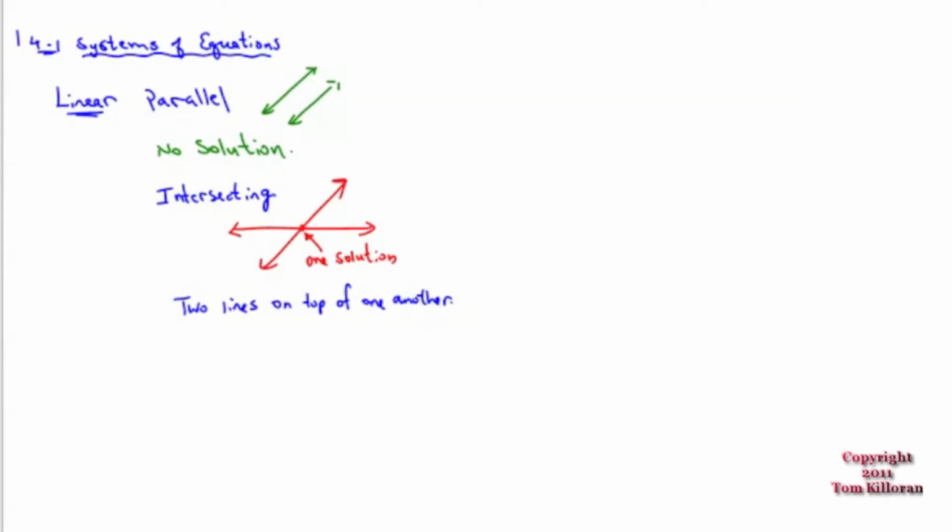So how many solutions are there? Well, if this is one of your lines, and you have a line right on top of it, how many times do they intersect? A lot. Infinite solutions. Every single point is a common point. So there's an infinite number of solutions.